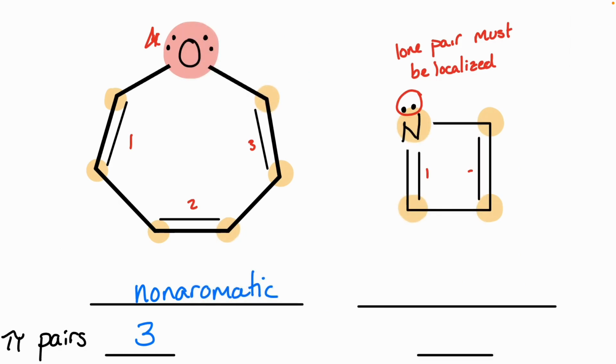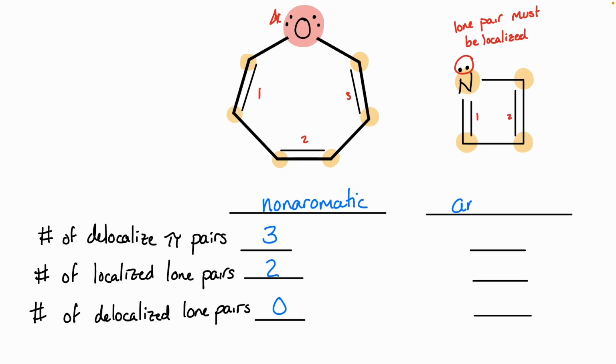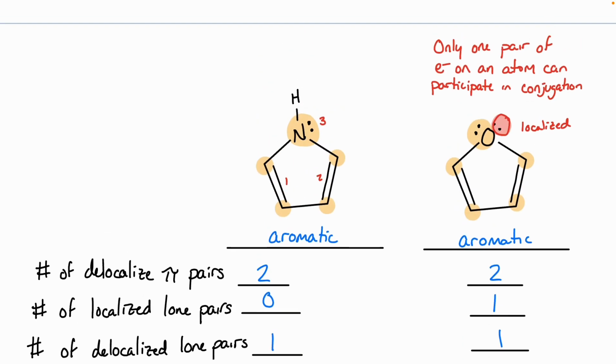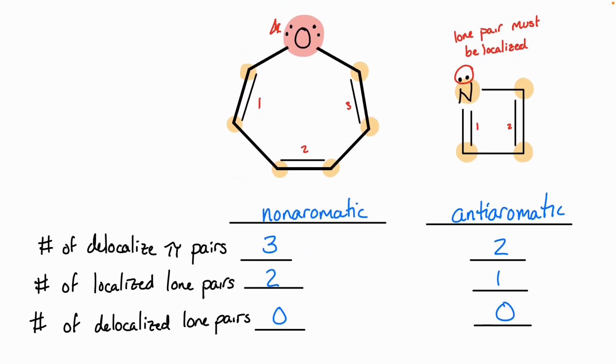There are 1, 2 pairs of electrons in that fully conjugated ring, making this compound anti-aromatic. It's got 2 delocalized pi pairs and 1 localized lone pair. No delocalized lone pairs. All right, so again, this compound here, we got to go back to that rule that only 1 pair of electrons on an atom can participate in conjugation.